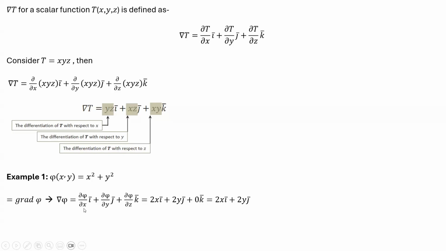With respect to x, the partial derivative is 2x plus 0, so it would be 2x i cap, plus with respect to y we get 2y j cap, and with respect to z there are no terms of z in this equation, so it will be 0 k cap. The answer is 2x i cap plus 2y j cap.